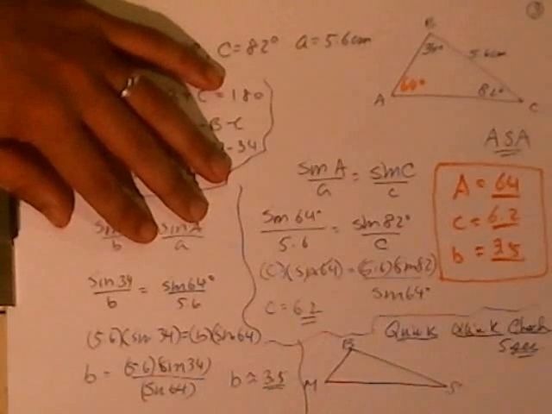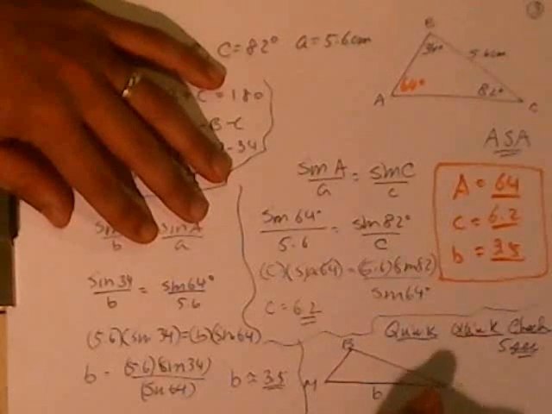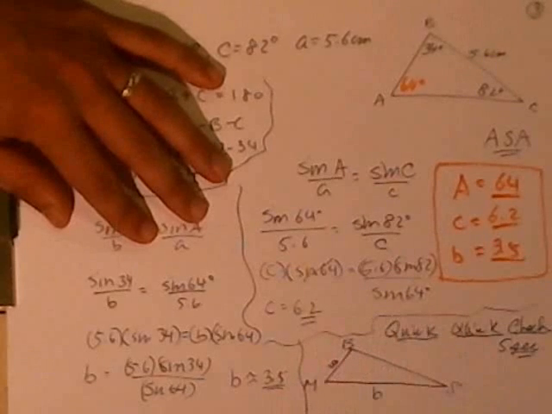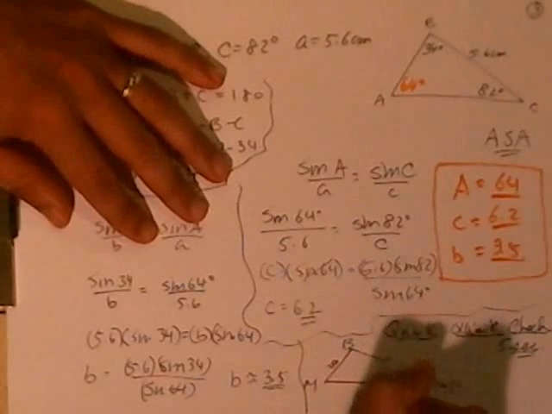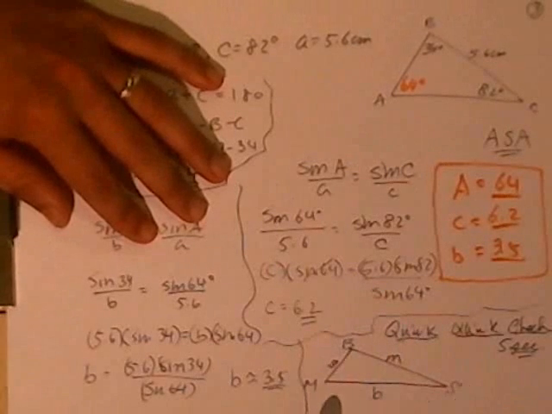Capitals. Notice that all capitals. Notice that in this triangle right here, the biggest side seems to be opposite the biggest angle. So I'm going to put little b right there for the biggest. The small side is right here. And the middle side is right here. You should know that makes kind of sense. It's like a quick check.